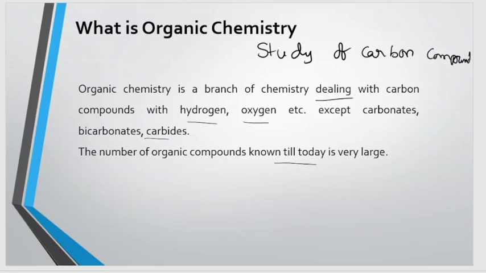Except the carbides, bicarbonates, and carbonates, the carbon compounds with oxygen, hydrogen, sulfur, chlorine, bromine, etc. all come under the organic compounds. We call the carbon compounds organic compounds, and we are going to study those organic compounds, their preparations, properties, applications, and the reactions, etc. under this branch.